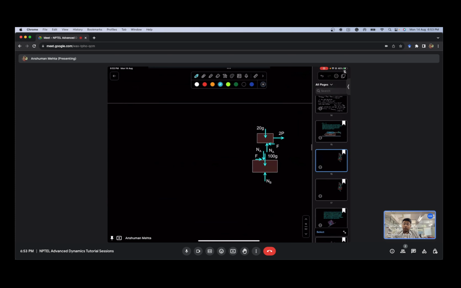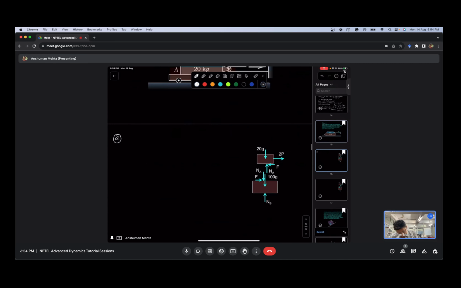Okay, let's solve for A, which is when P is equal to 60 Newton.